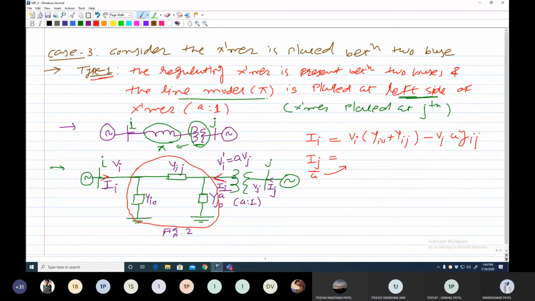Clear? So similarly, tell me, what is the value of Ij? I'm talking about this term.